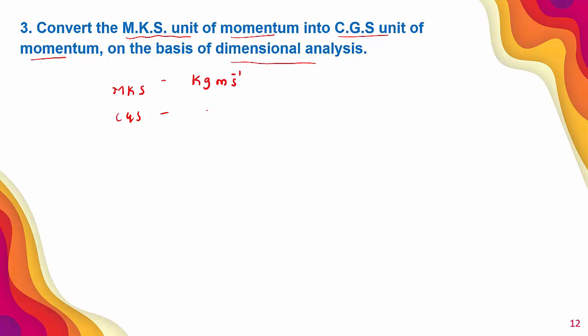In CGS, it is measured in gram centimeter per second. So these are the MKS and CGS units of momentum, and its dimensional formula is M raised to 1, L raised to 1, T raised to minus 1. So use these values and try to solve the conversion of MKS to CGS unit, and I will solve this example in the next session. Thank you.